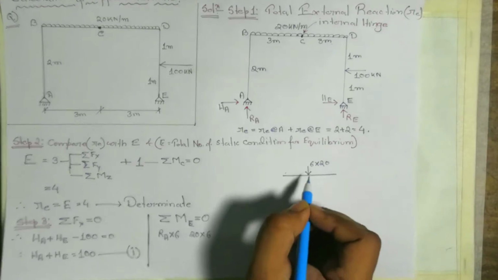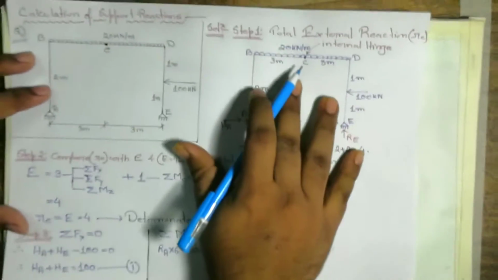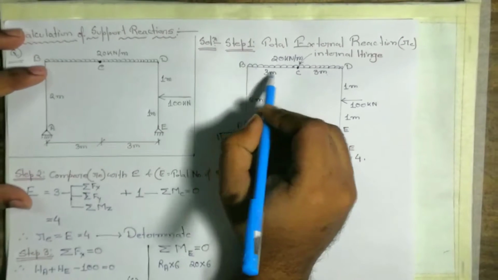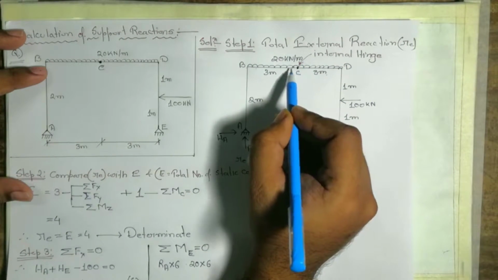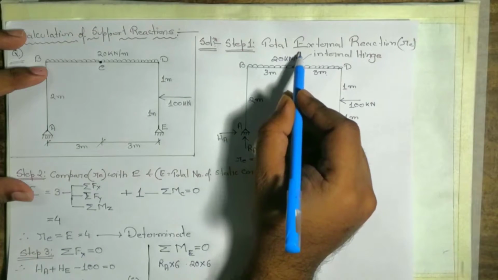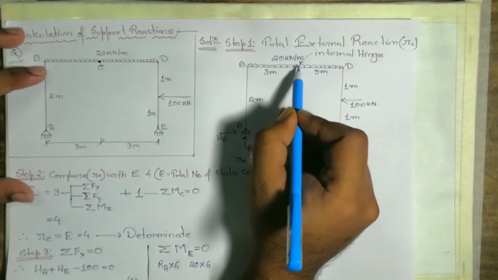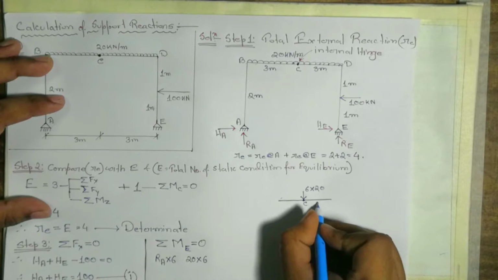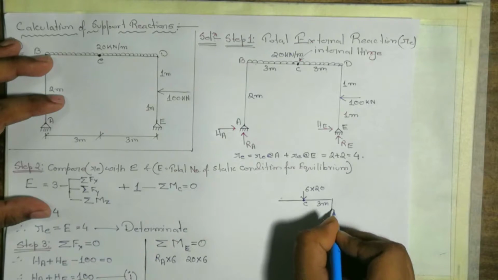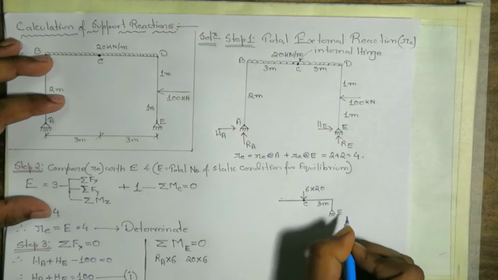Now what will be the location of this point? The total span is 6, so it will act at the center of the total span, between B and D. It will act at point C. So it is 3 meters away from point E.